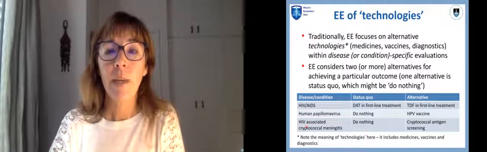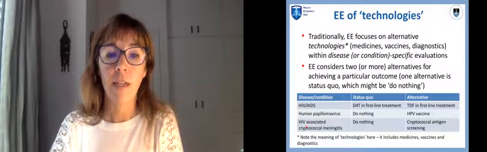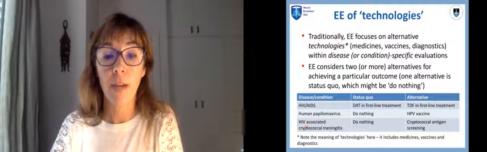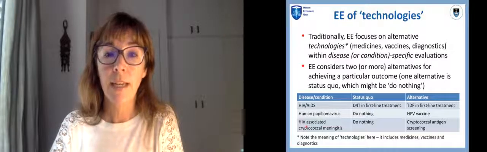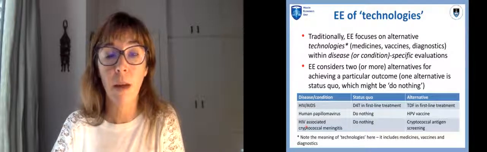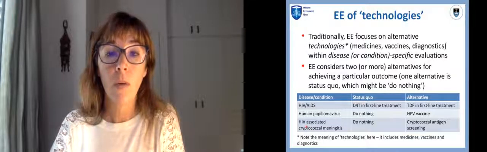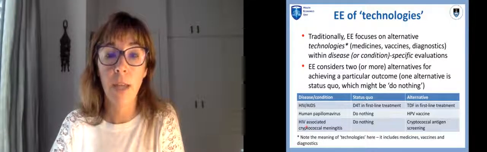So, economic evaluation of technologies, and note the meaning of technologies here. It includes medicines, vaccines, and diagnostics. So traditionally, economic evaluation focuses on alternative technologies within a disease or condition-specific evaluation.